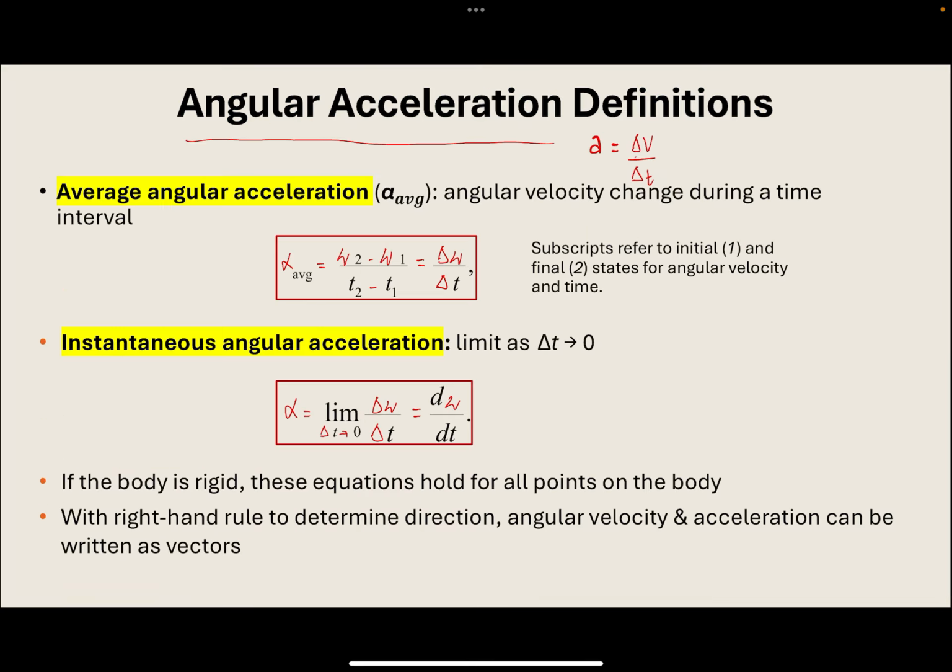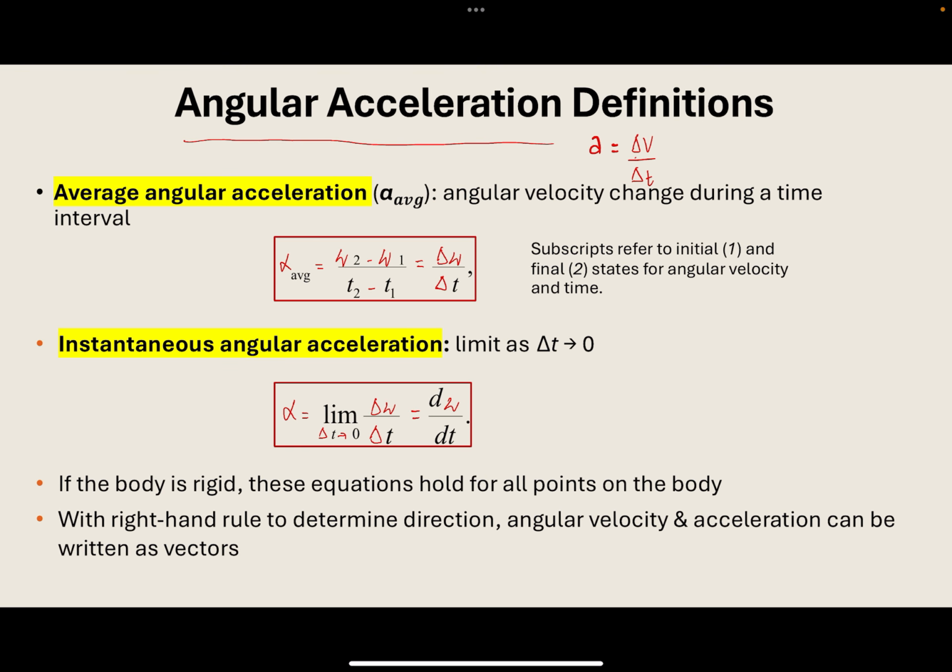Now that we have defined angular velocity, let's move on to the next concept. We have angular acceleration. Conceptually, it's the same as linear acceleration, just in rotational form. In linear motion, acceleration is a equals delta v per delta t.